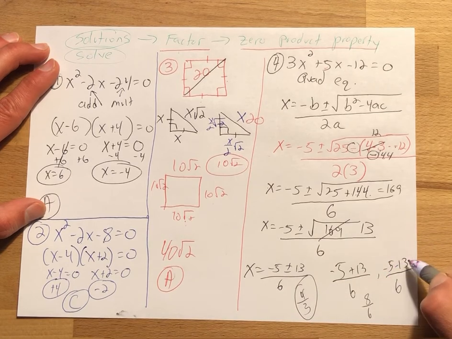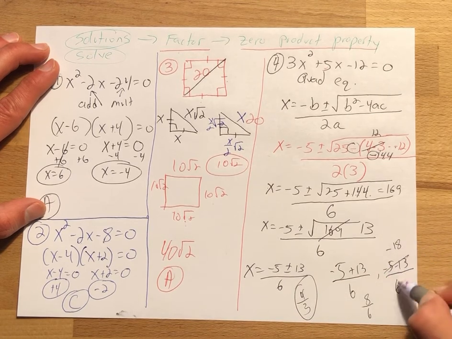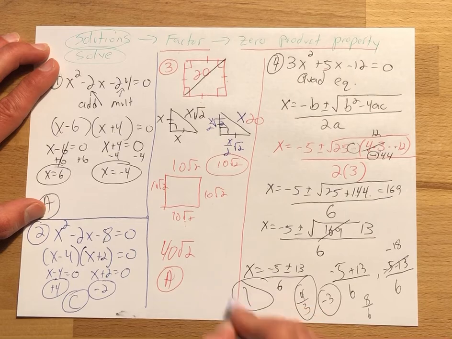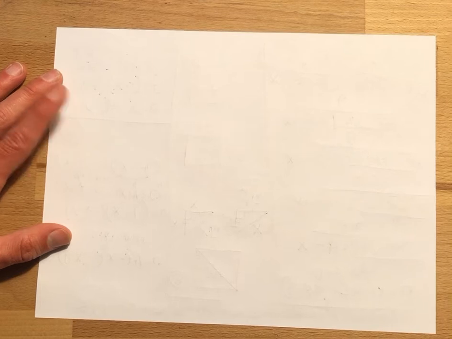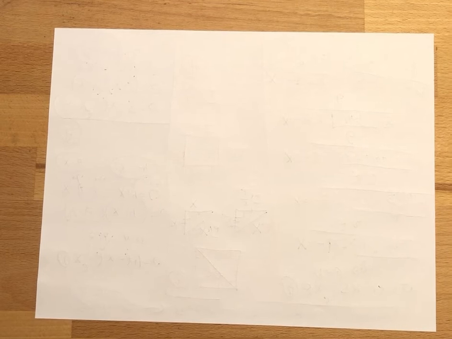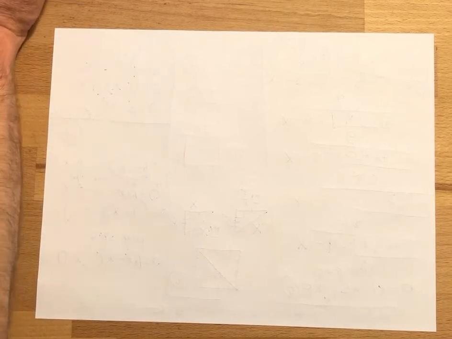And negative 5 minus 13 is negative 18 over 6, which is a negative 3. 4/3 and a negative 3, which is letter choice D. That was number 4. Okay, continuing on. We got number 5.